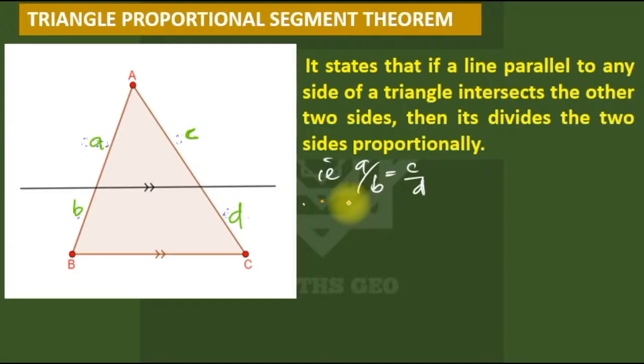So let's look at the quick proof. Let's call these A, B, C, D, E. We see that triangle ADE is similar to triangle ABC, which implies that, because as you can see, there is a parallel line.